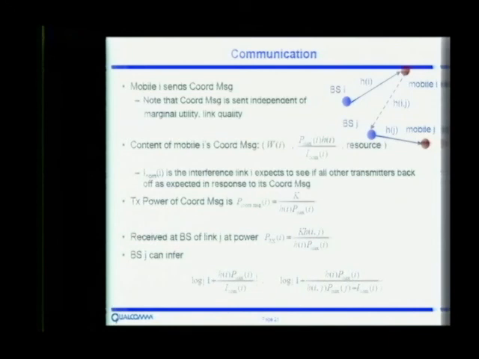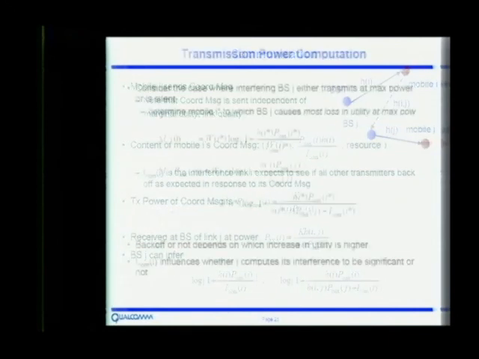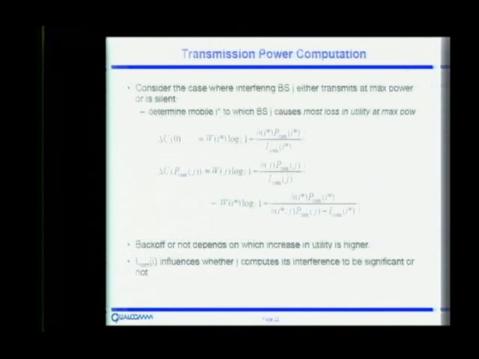So what this interferer will do now is compare 2 things. Let's assume we just receive one coordination message and the interferer checks. So this I star is just one. Compute 2 quantities.